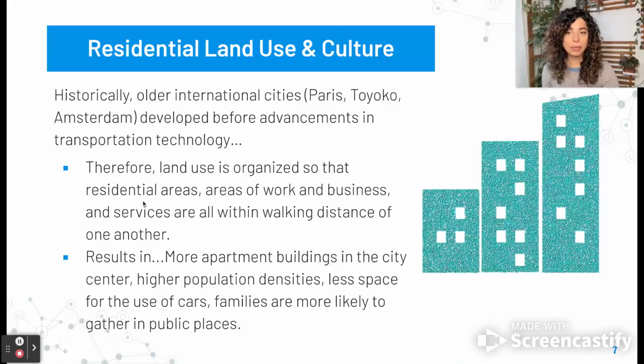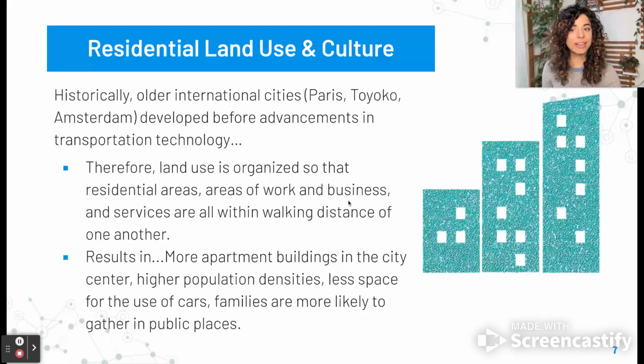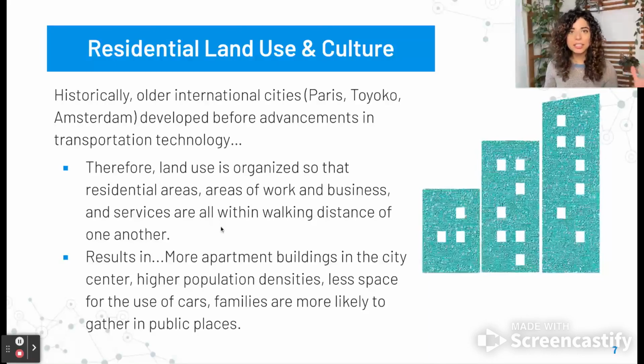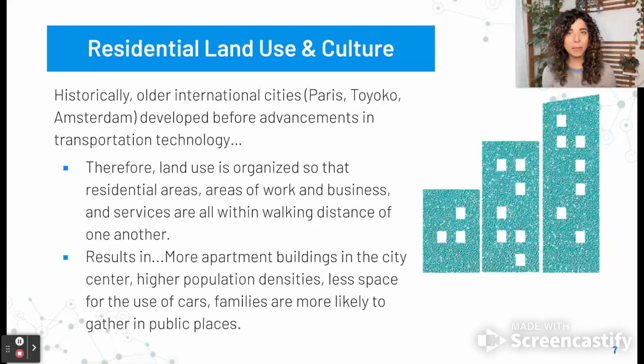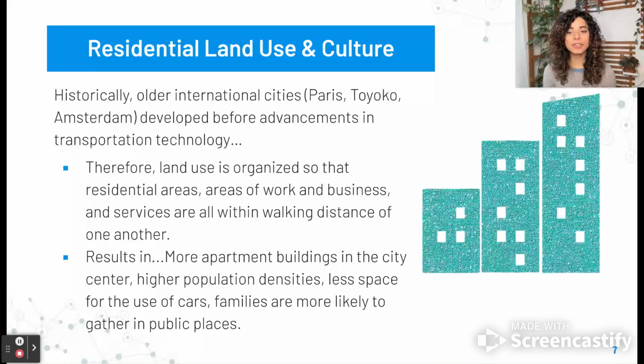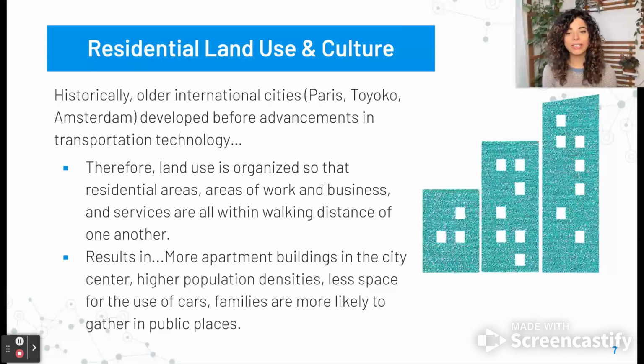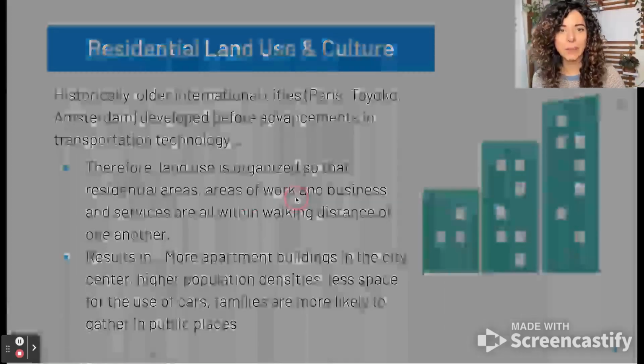So areas where people live, where people work, where people buy and sell things and services, these are typically all within walking distance of one another, because people didn't have that transportation technology to be able to drive right from one place to another place so quickly.